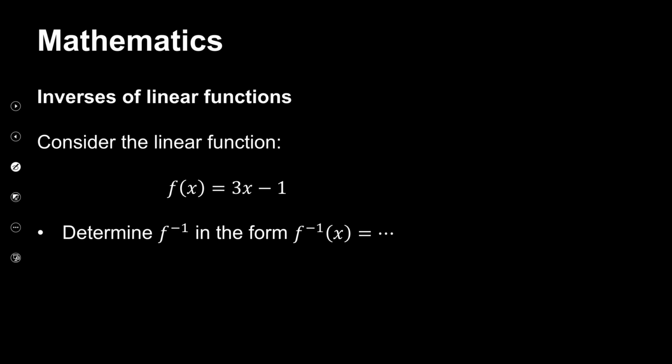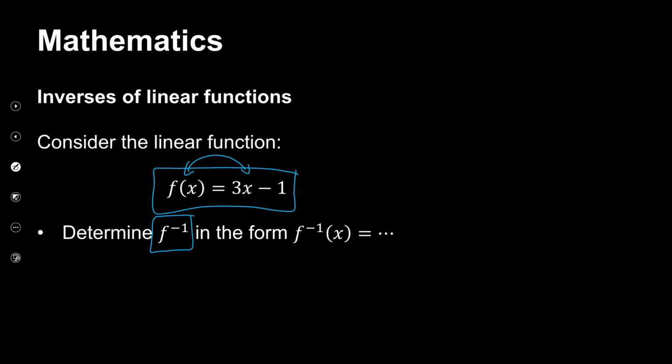Now, let's look at a specific question on how to go about doing this. Here they're saying consider the linear function f of x is equal to 3x minus 1. The first question wants me to find the inverse of this equation. Remember that you will need to interchange the x and the y.